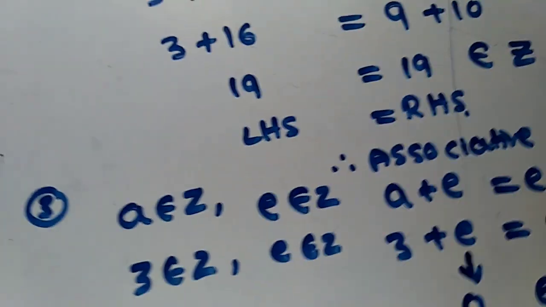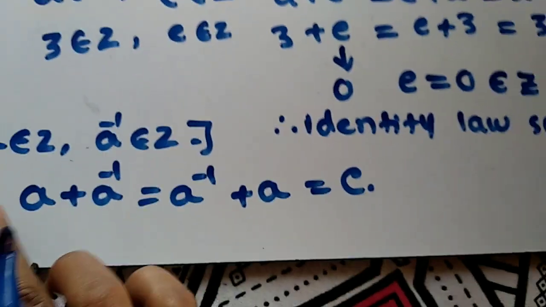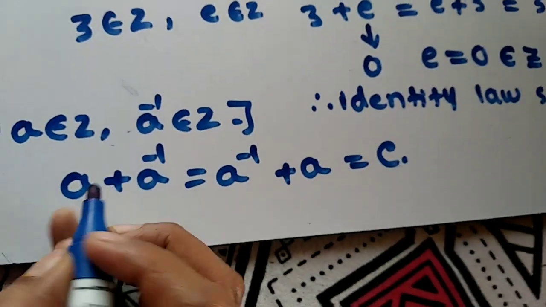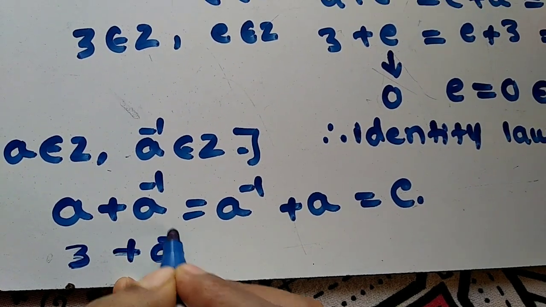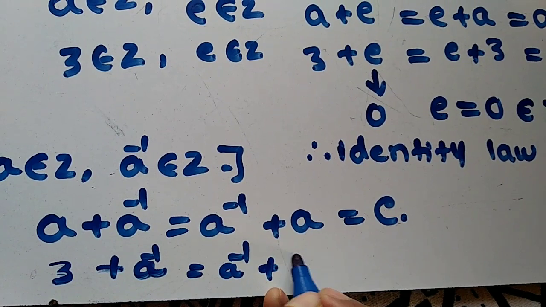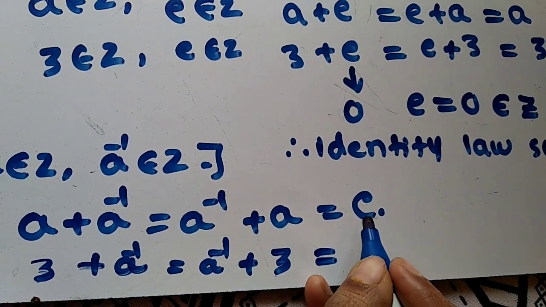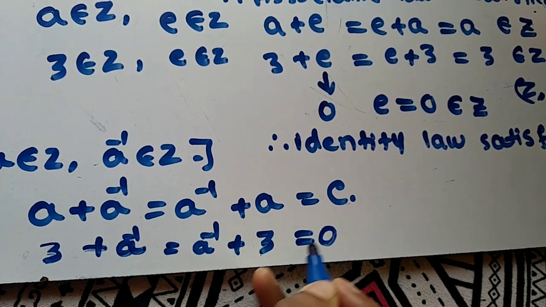Okay, so just a minute. So now take A. My A is 3, so we don't know A inverse, keep it as it is. A is 3. We know the identity element. So what is my identity element? Which is nothing but 0.